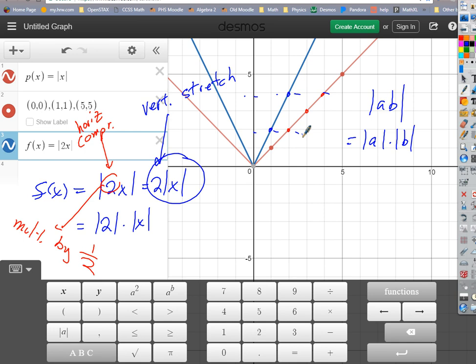Instead of before where we'd say when you go right by 1, we're going to multiply the amount we go up, this time we're doing something different. This time we're saying when we go right by a certain amount and up by a certain amount, we're going to multiply a number by the amount that we move to the right, not up, right? So the point that used to have an x-coordinate of 2 is now going to have an x-coordinate of 2 times 1/2, right?